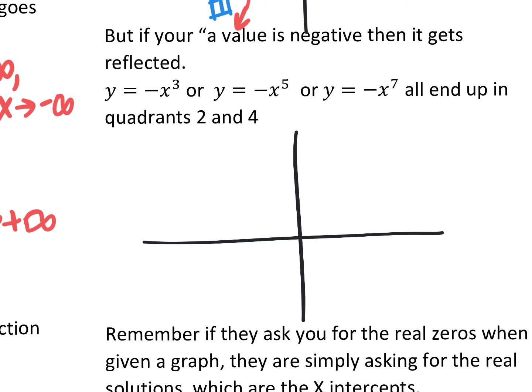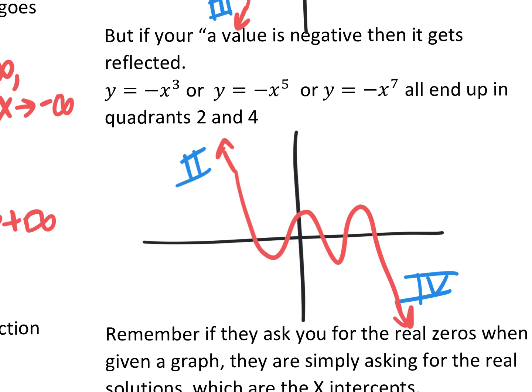End behavior. Second and fourth. Second and fourth. So you're going to have end behavior up here and down there. And of course, who knows, if you have like a y equals negative x to the 7th plus x to the 6th minus x to the 5th plus x to the 4th, you might end up with some really weird looking curves like that, right?